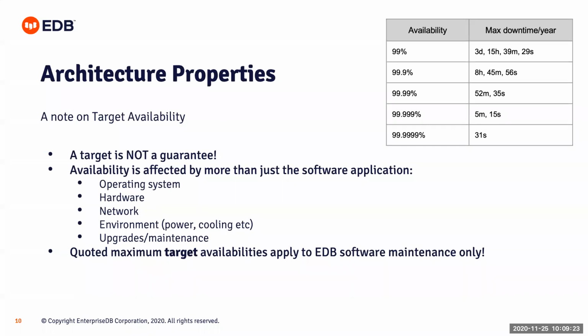Now, again, a target is not a guarantee, and you need to take into account all the factors and dependencies that your database has: the operating system, the hardware that the server is running on, the network connecting you to your clients, the environment, things like cooling and power, but also things like upgrades and maintenance windows during the year.